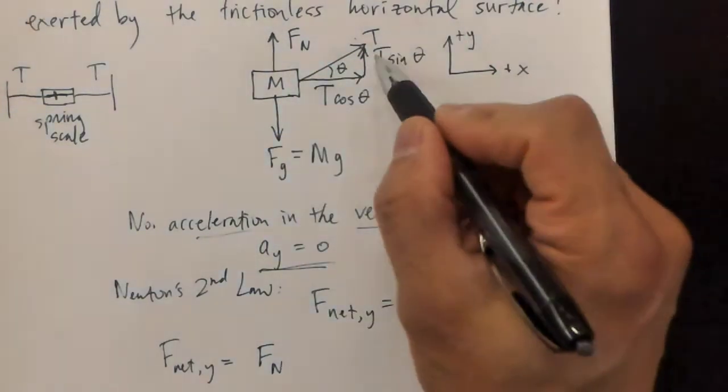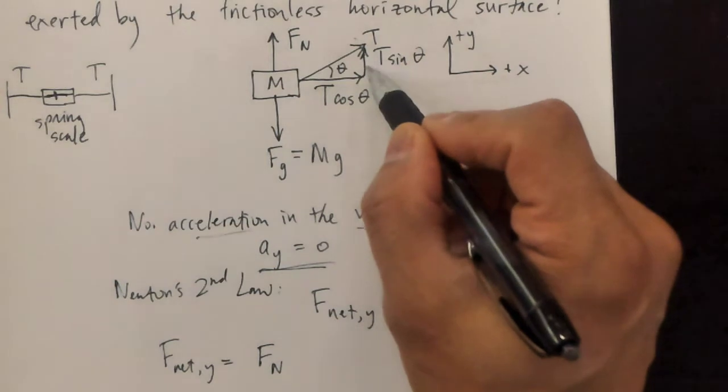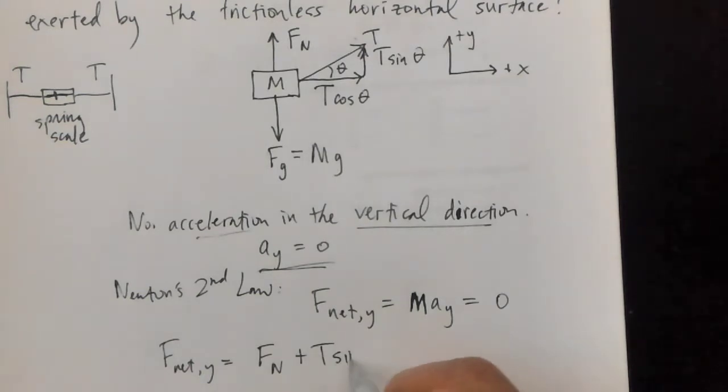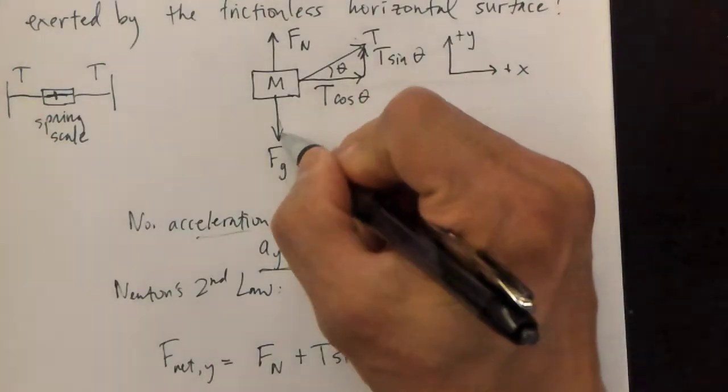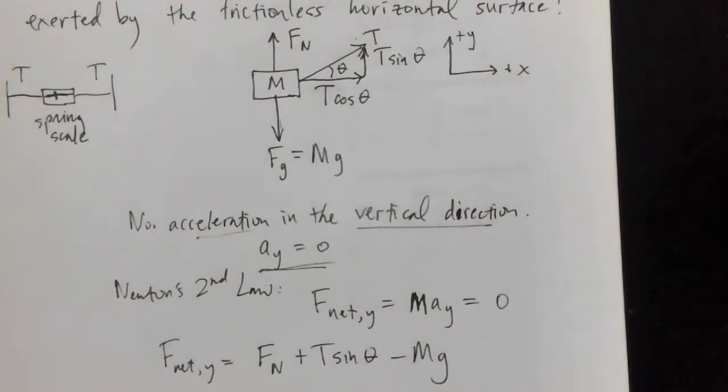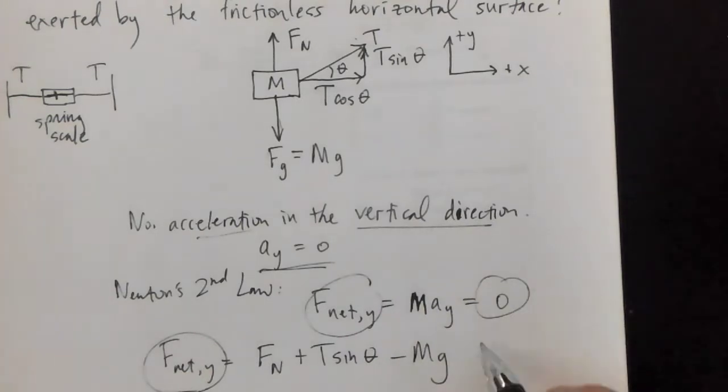And then I have this component here, it's going in the positive direction. Everybody's good on that? Because the arrow is pointing up. So I do positive T sine theta. And then I have this arrow going down, so I have a minus mg. Okay. And because this is the net force, and I say the net force is equal to 0, this thing is also equal to 0.